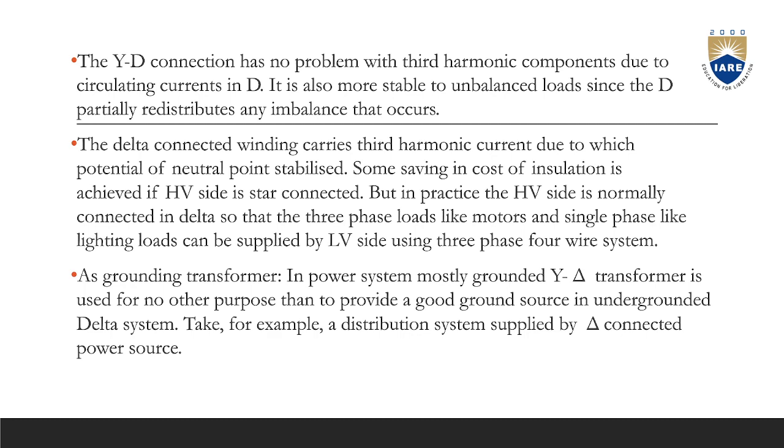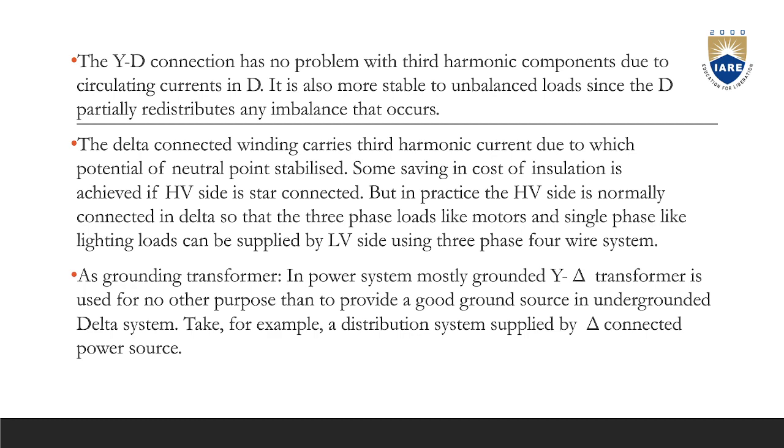Some saving in cost of insulation is achieved if the HV side is star connected, but in practice the HV side is normally connected in delta so that three phase loads like motors and single phase loads like lighting loads can be supplied by the LV side using a three phase 4-wire system.